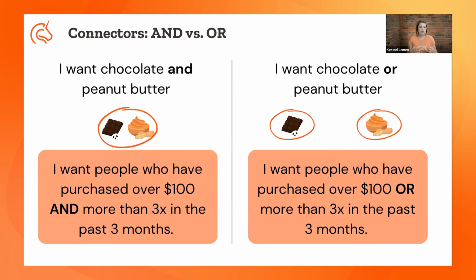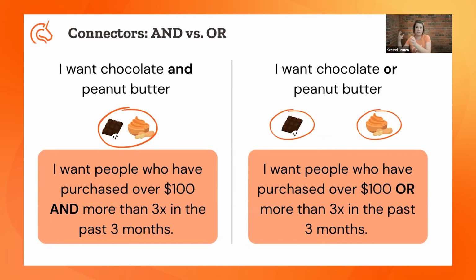I want chocolate and peanut butter. It means I'm really hungry and I want both chocolate and peanut butter. I'm feeling very gluttonous. Another example: I want people who have purchased over $100 and more than 3 times in the past 3 months. That's an and statement. An or statement is, I want chocolate or peanut butter.